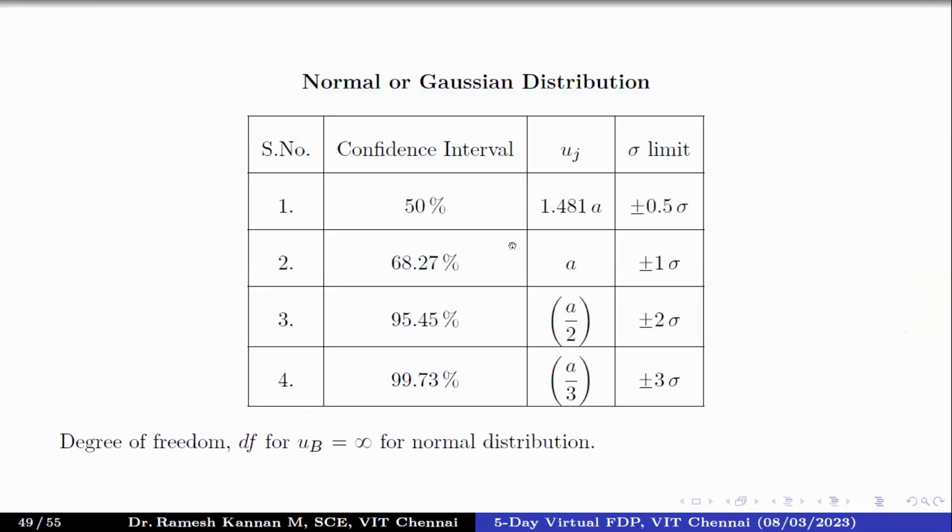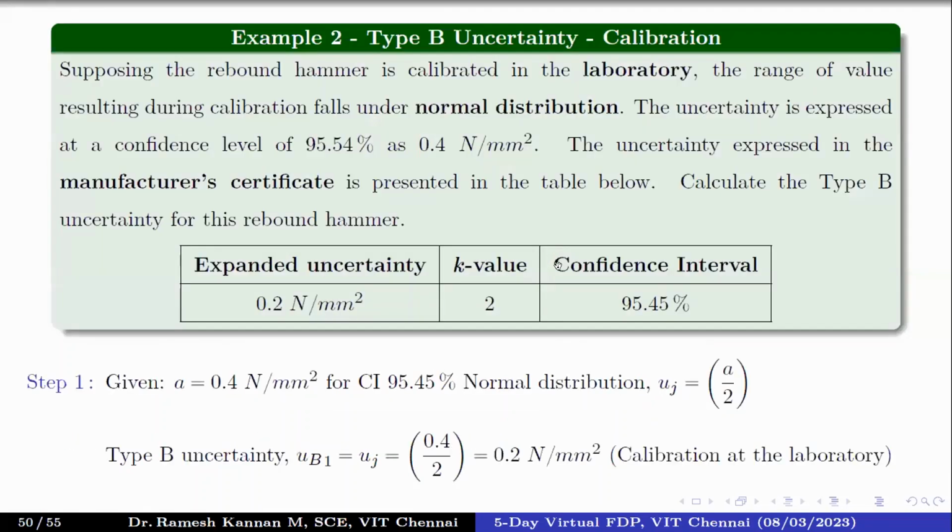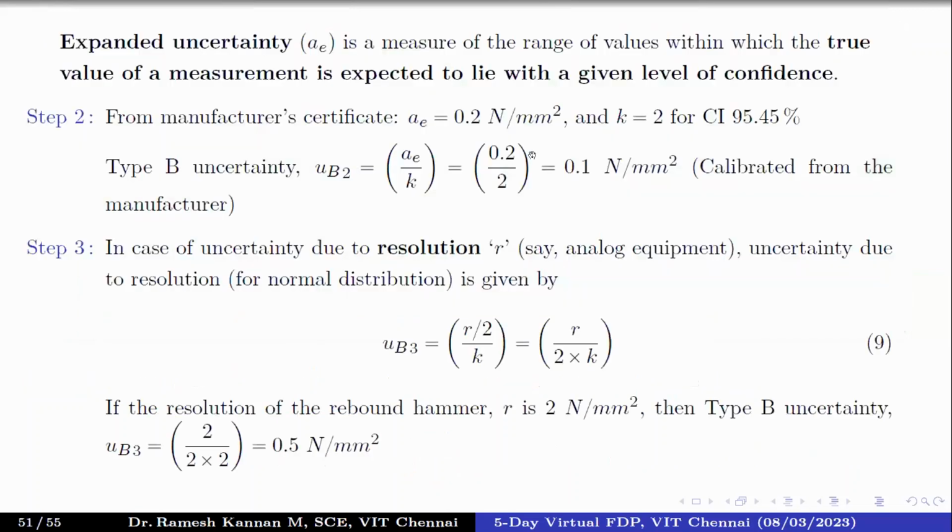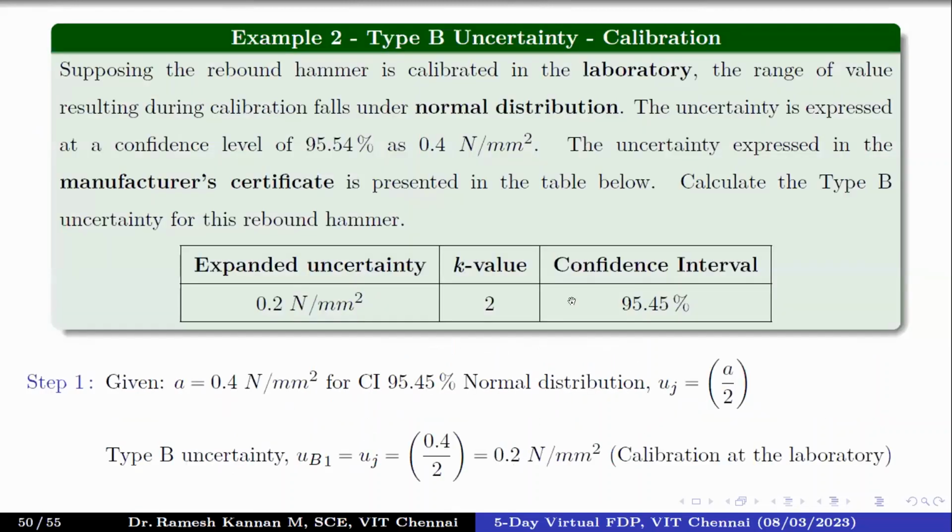If not, we need to assume it based on our experience or based on the tolerance value of so many factors, like the lab technician or the lab instructor will tell you based on the particular make, the particular equipment's usage for quite a long time and something like that. And it will give me only 0.1 Newton per millimeter. Which means that the manufacturer itself says that it can deviate by 0.1, but actual calibration can be 0.2 and so on. So which means that you can take either one of these.